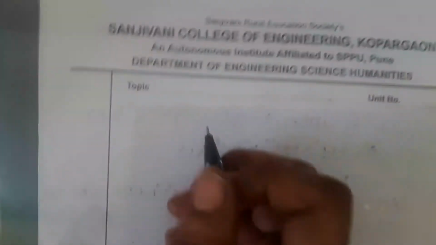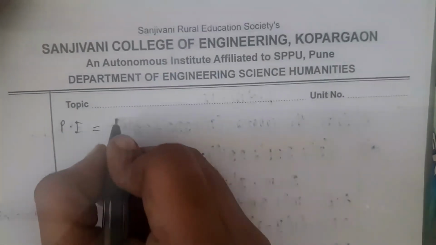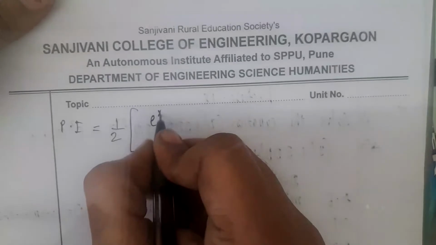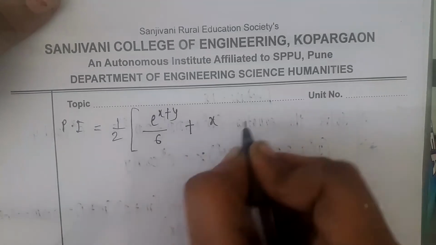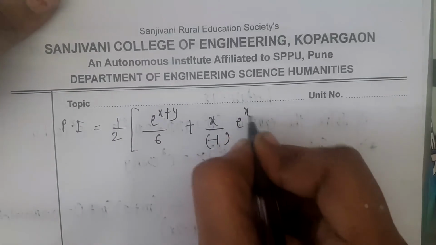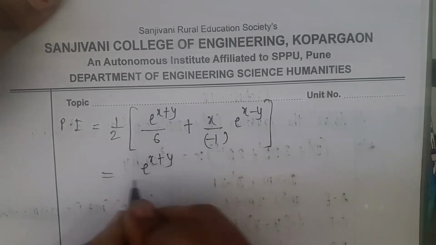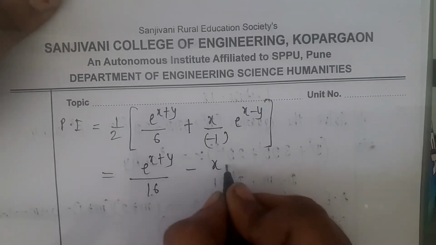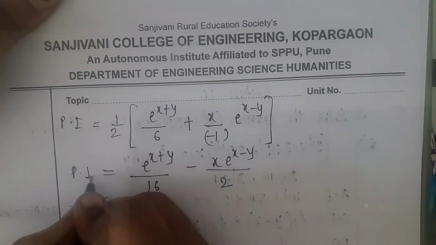So finally we get 1 upon 2 as it is, e to the power x plus y divided by 6 as it is, plus x multiplied by minus 3 plus 2, it becomes minus 1, multiplied by e to the power x minus y. So this is equal to e to the power x plus y divided by 12 minus x into e to the power x minus y divided by 2. So this is our particular integral.